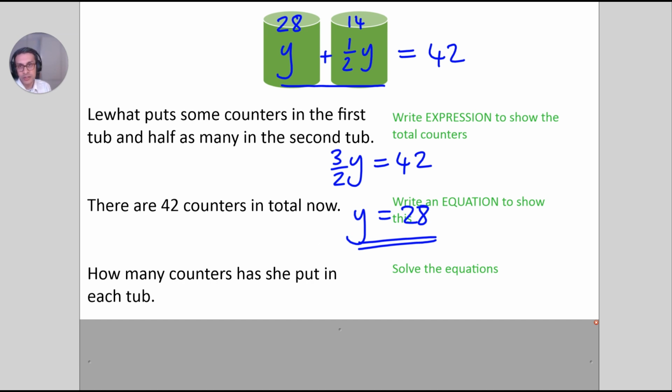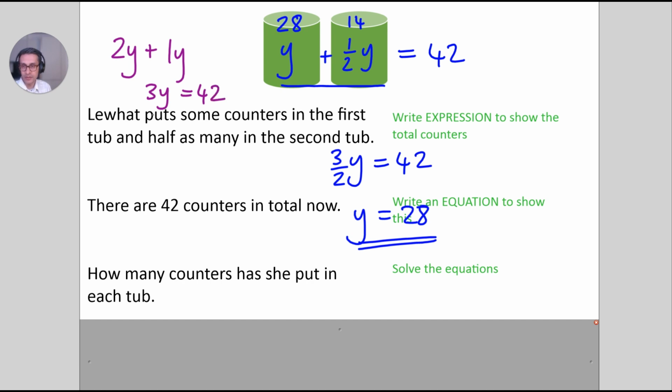Now you may approach this in another way to avoid the fractions. Instead of doing y and half y, you can just say the first tub has got 2y counters, and the second tub will have half of that, which is 1y. Our expression would be 2y plus 1y, which becomes 3y, which is a term, and that's equal to 42.